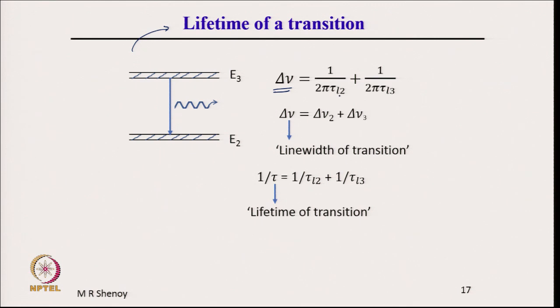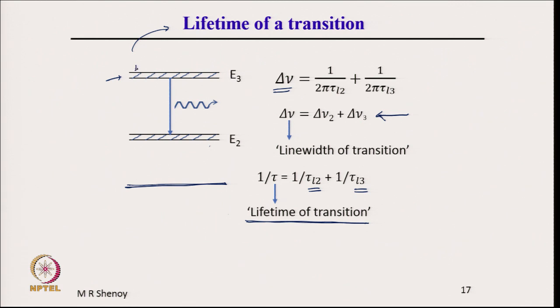If I call tau L2 the lifetime of the lower level, because there is a further level which is here, that is the ground state. So, if tau L2 is the lifetime of the lower excited state, tau L3 is the lifetime of the upper excited state, then the lifetime of the transition, this is not the lifetime of the level, the lifetime of the transition is 1 over tau, which is the sum of these, because the frequency spread in this transition is delta nu 2 plus delta nu 3.